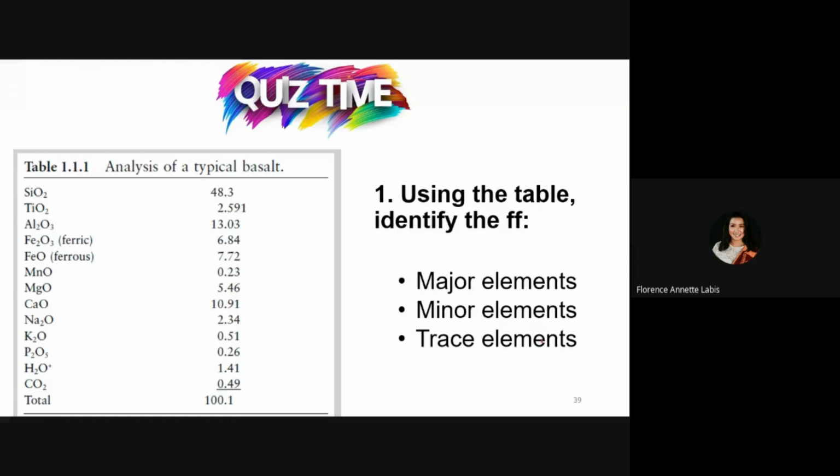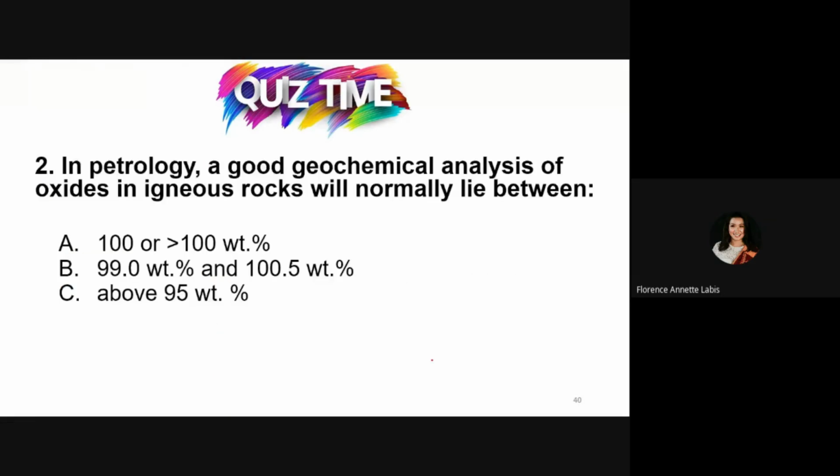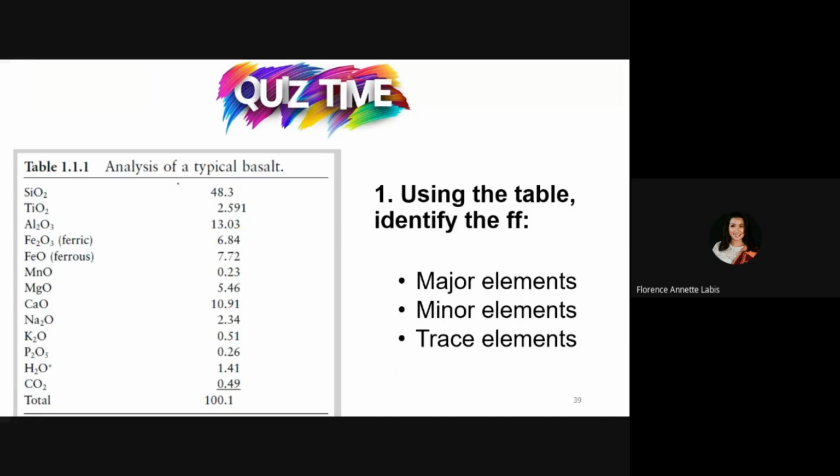Okay, quiz time. Using the table, identify the following: which here are the major elements, minor, and trace? You can stop the video and try to answer correctly. Okay, I will answer.